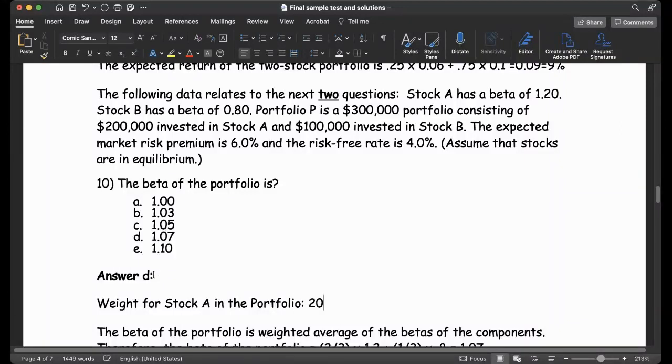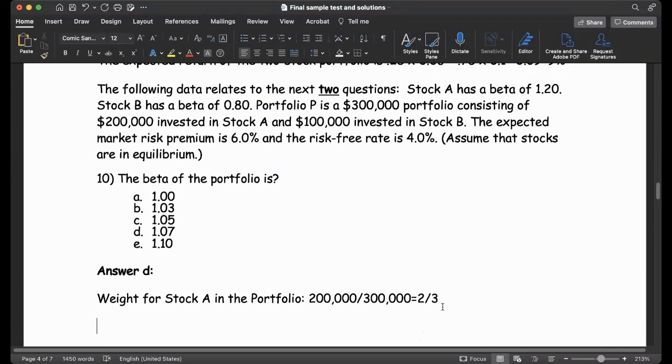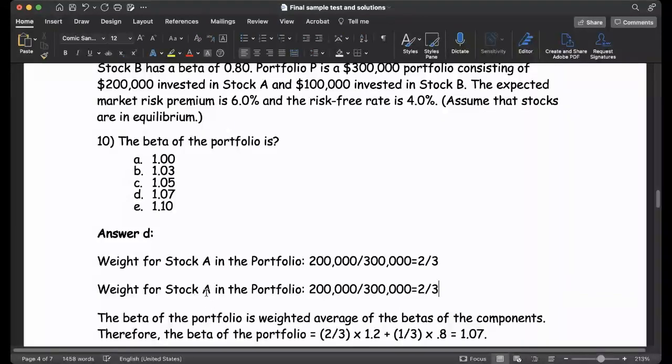It is going to be 200,000, the amount invested in stock A, divided by the total amount of the portfolio, 300,000. So this is going to be 2/3. And then weight for stock B in the portfolio will be 100,000 divided by 300,000, which is 1/3.